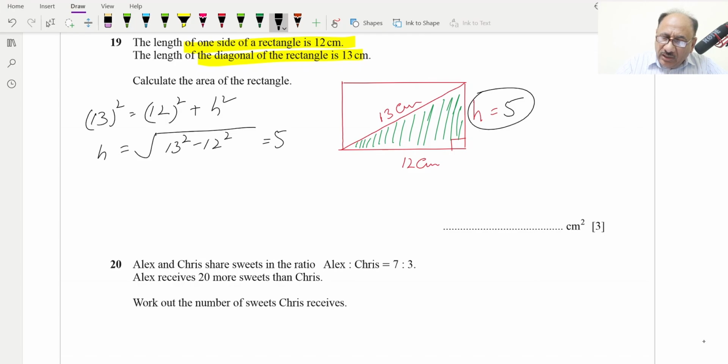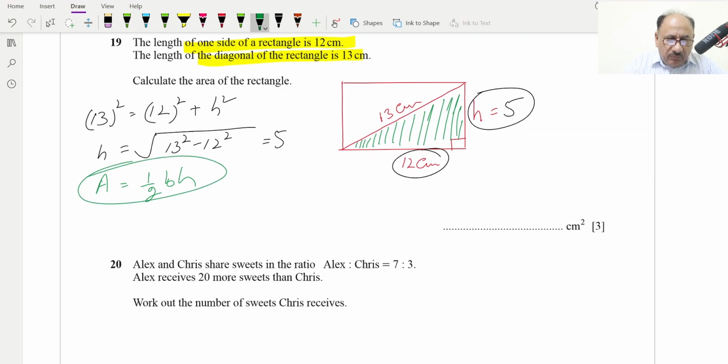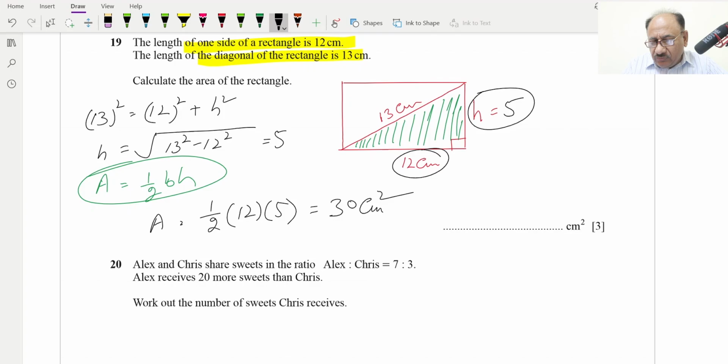Now we have height, we have base, and we know the formula for area is what? Area of a triangle is equal to 1 by 2 into base into height, and this formula we'll be using. So area is equal to 1 by 2 into base, which is 12, into height, which is 5. So 60 divided by 2 will be 30 centimeters square, which we can provide over here.